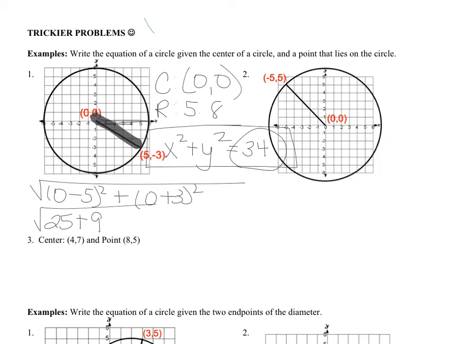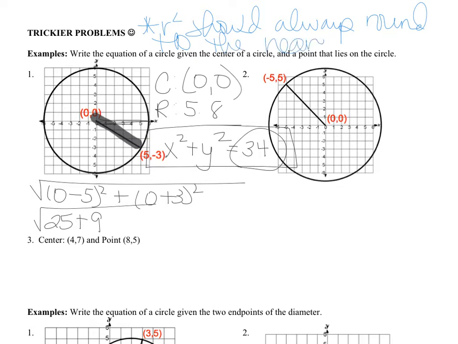You might want to write that down, that r² should always round to the nearest whole number. So since it was 33.64, that rounds to 34, and I'm done.